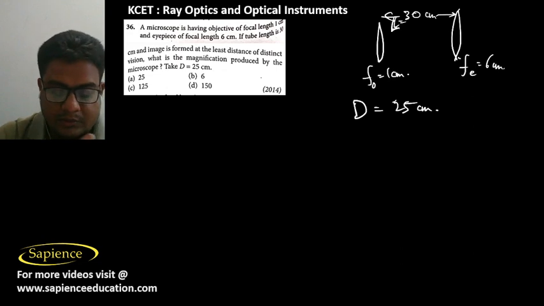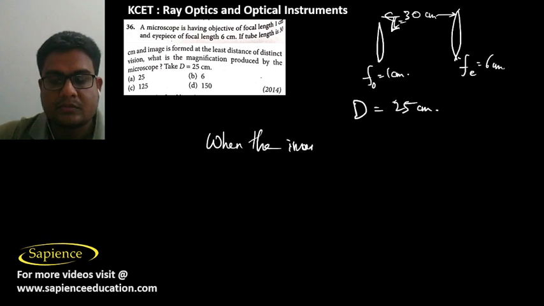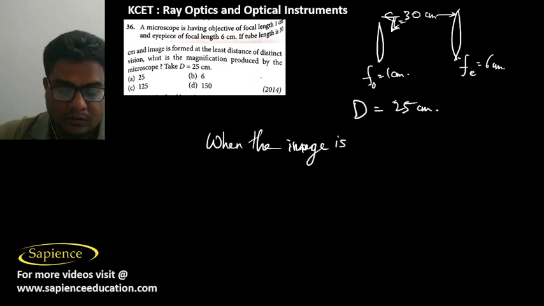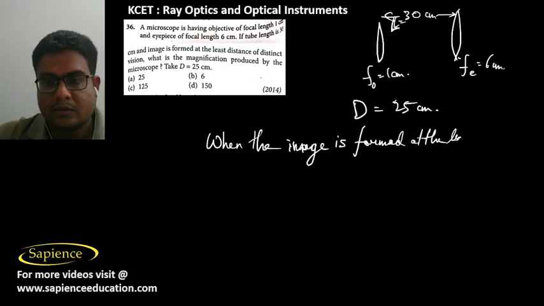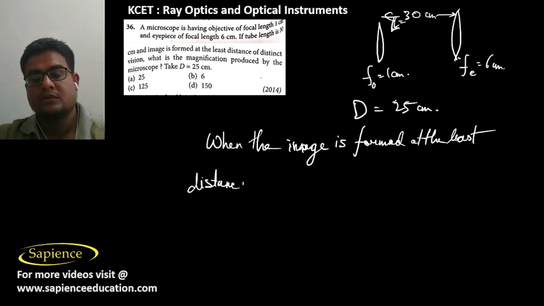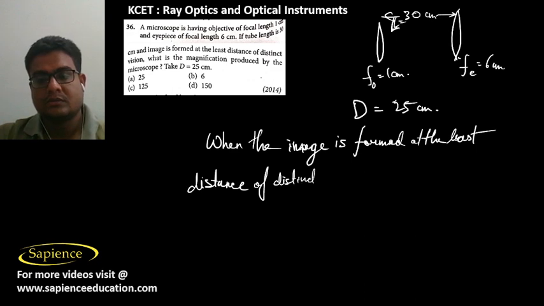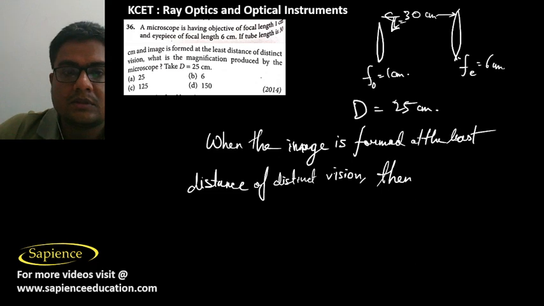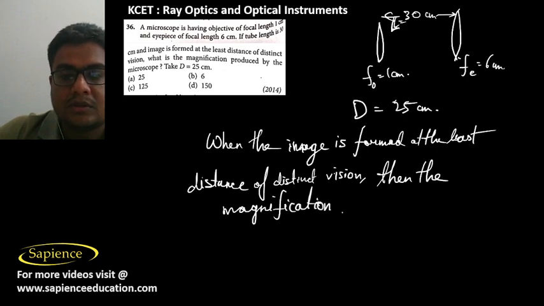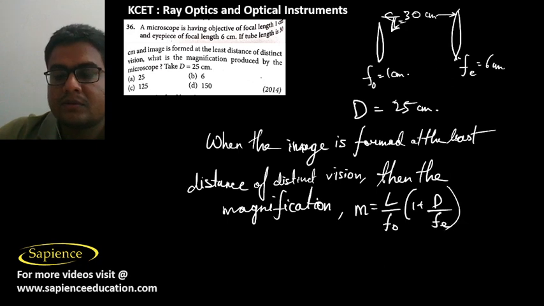So we know that when the image is formed at the least distance of distinct vision, then the magnification produced by the microscope M is given as L by f naught into 1 plus D by f.